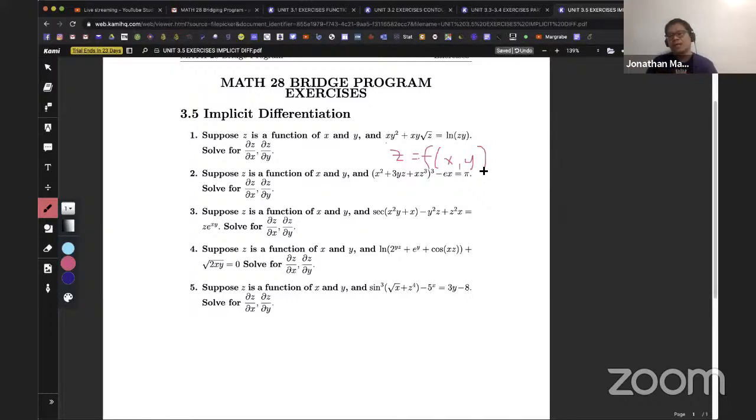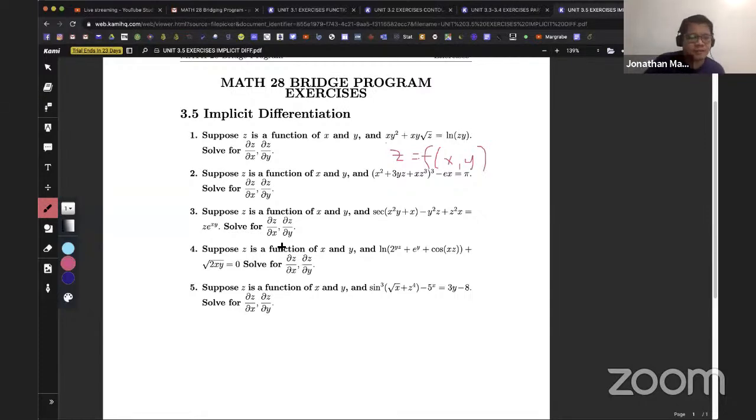But by looking at that function, mahirap i-express yung z in terms of x and y. You just have to solve the equation in terms of z, okay, to get that function if you want it to be explicit. That's why in getting the partial derivative, gumagamit tayo ng implicit differentiation.